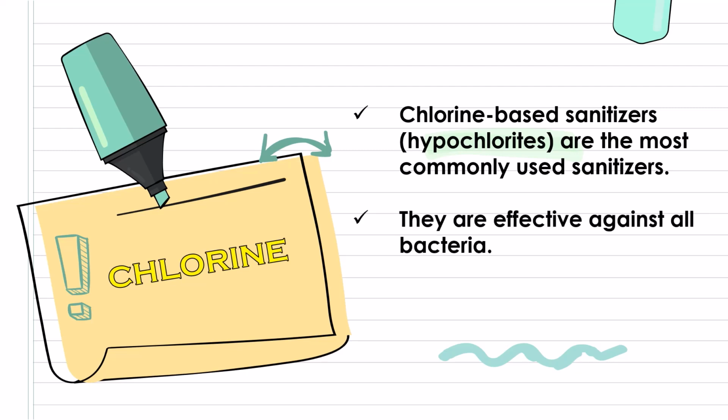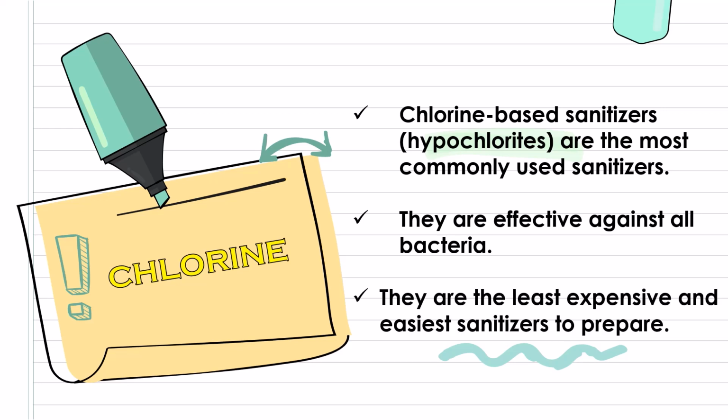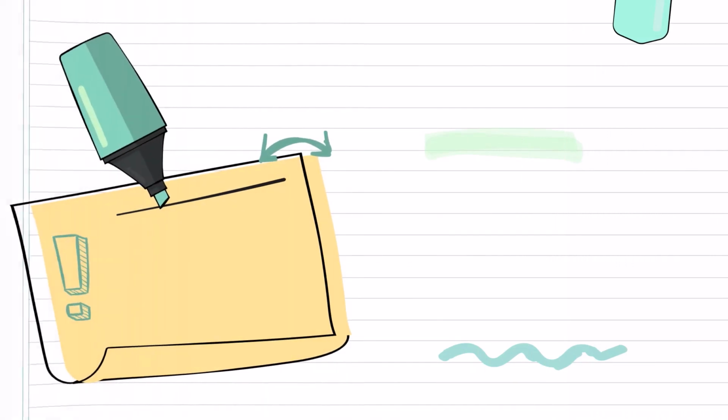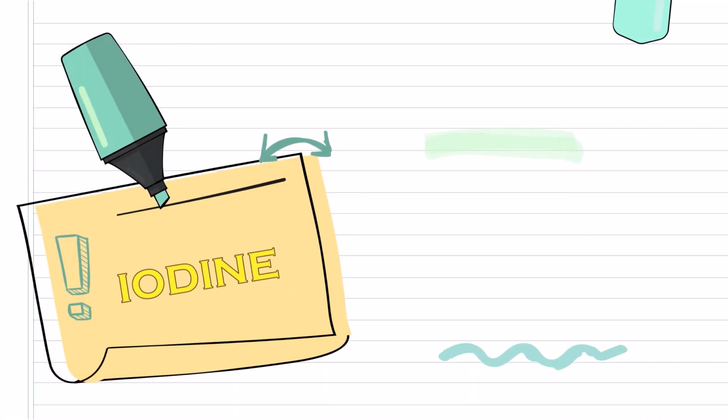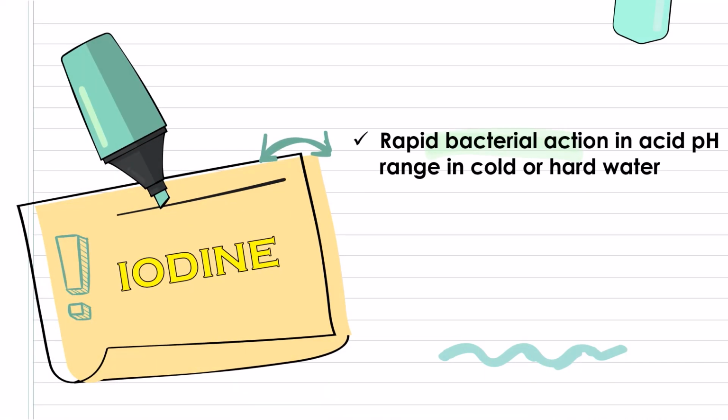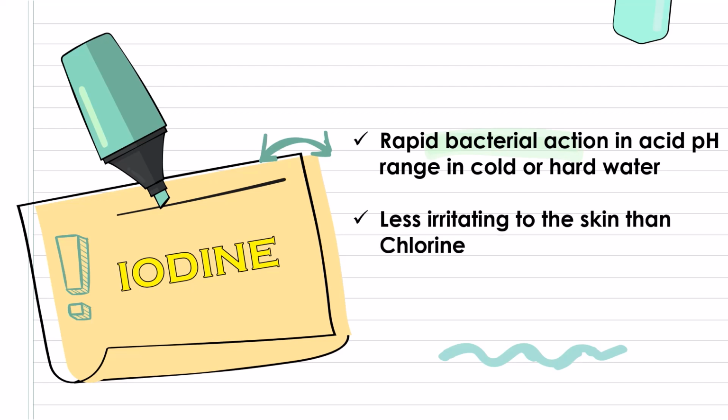They are effective against all bacteria, and they are the least expensive and easiest sanitizers to prepare. Iodine. Iodine has rapid bacterial action in acid pH range in cold or hard water. It is less irritating to the skin than chlorine, and it has a stable long shelf life.